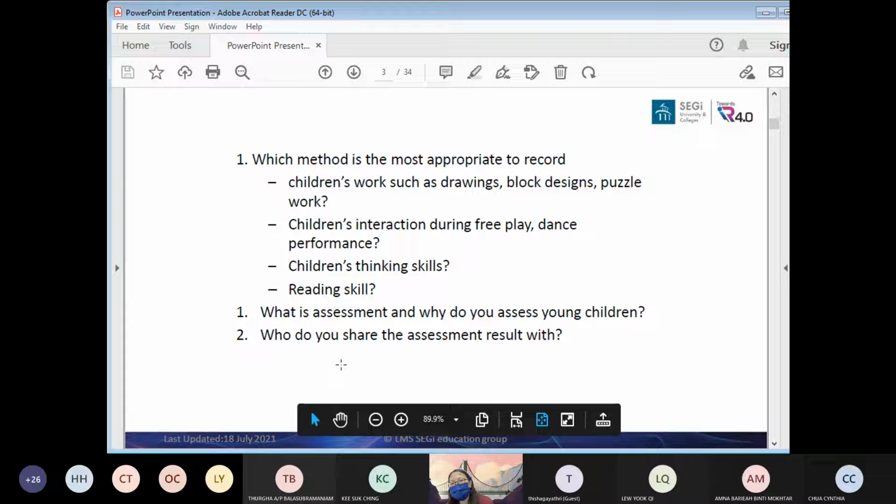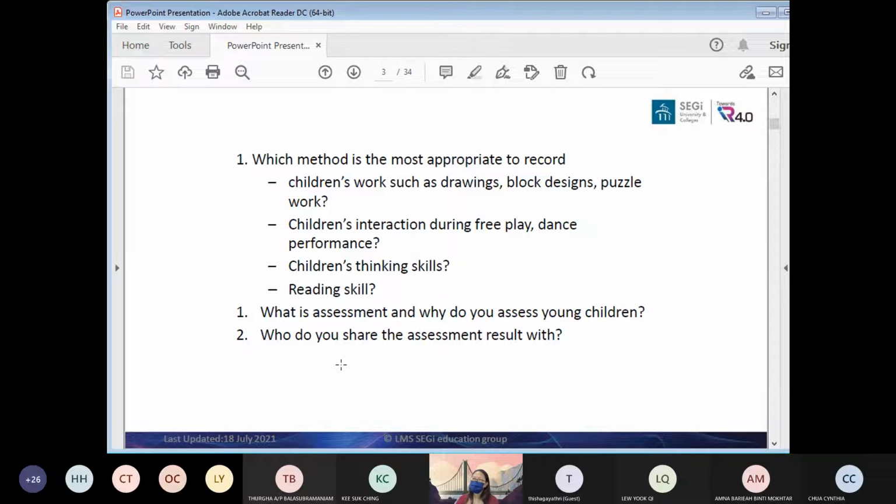And who do you share assessment results with? After observation, you do your interpretation, you do your evaluation, you assess the child already. So what do you do with the assessment? After finding out all the details, all the records in your hand, you found out, yes, confirm she's like that.